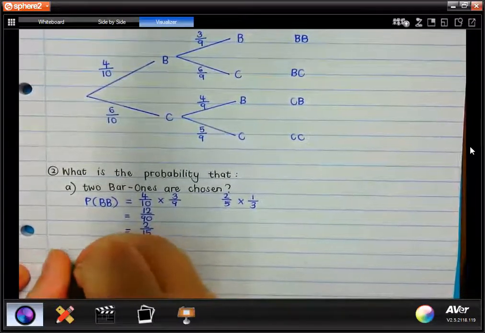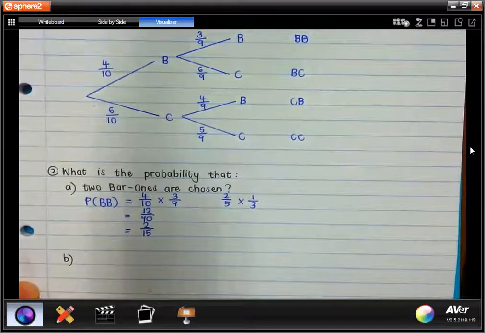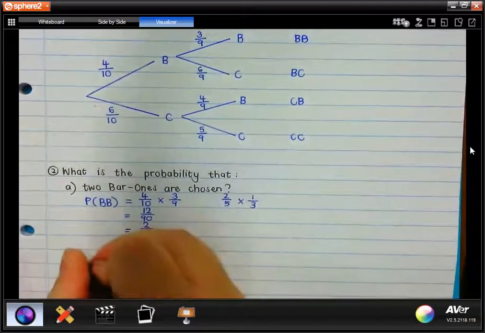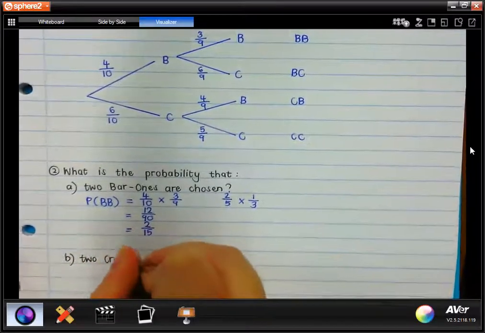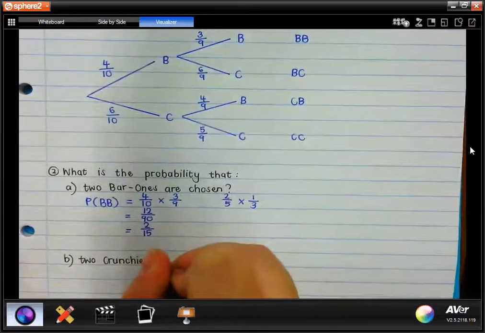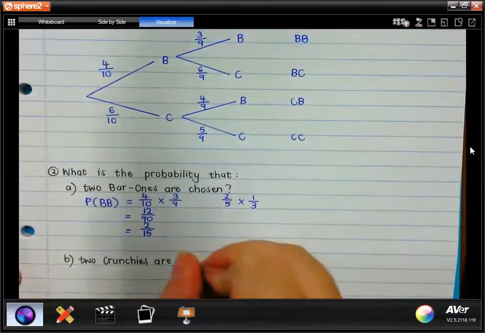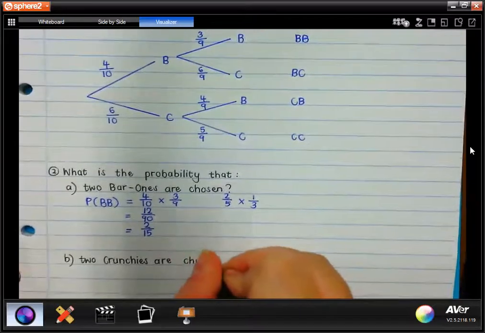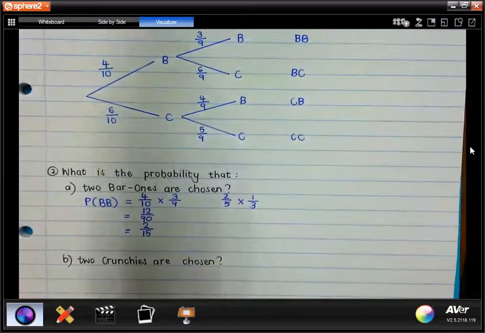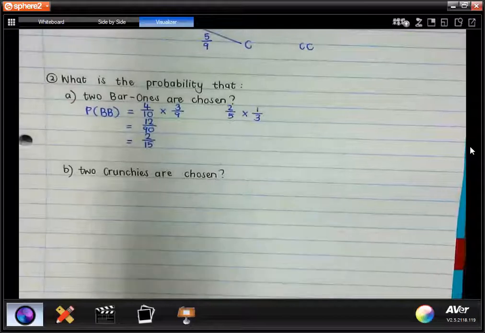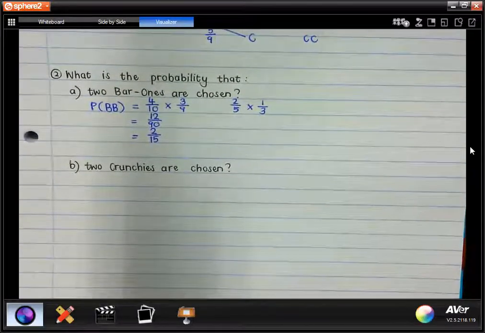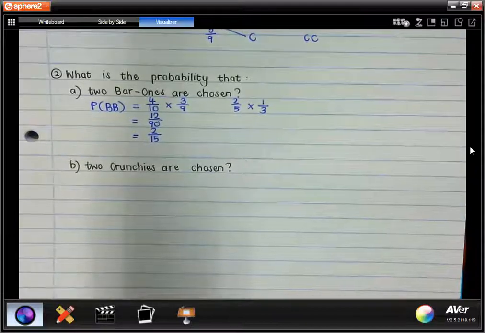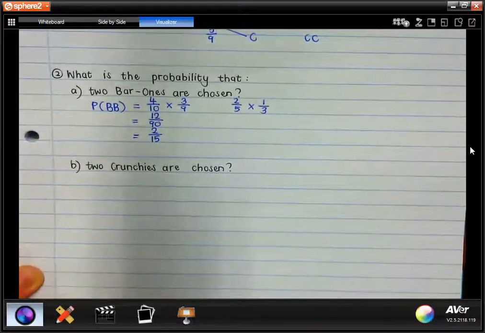All right, the next one. So probability that 2 bar ones are chosen. Now the probability that 2 crunchies are chosen. Okay, so 2 crunchies, so that is CC, hey?